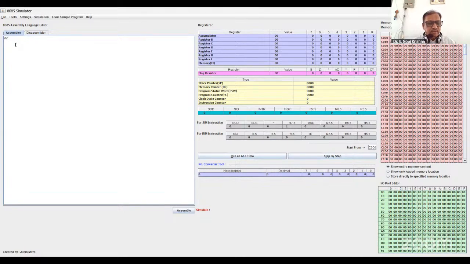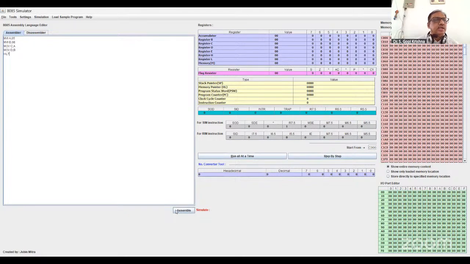MVI A, 05, then MVI B, 08, then MOV C, A, then MOV D, B, then HLT. This is a simple program.